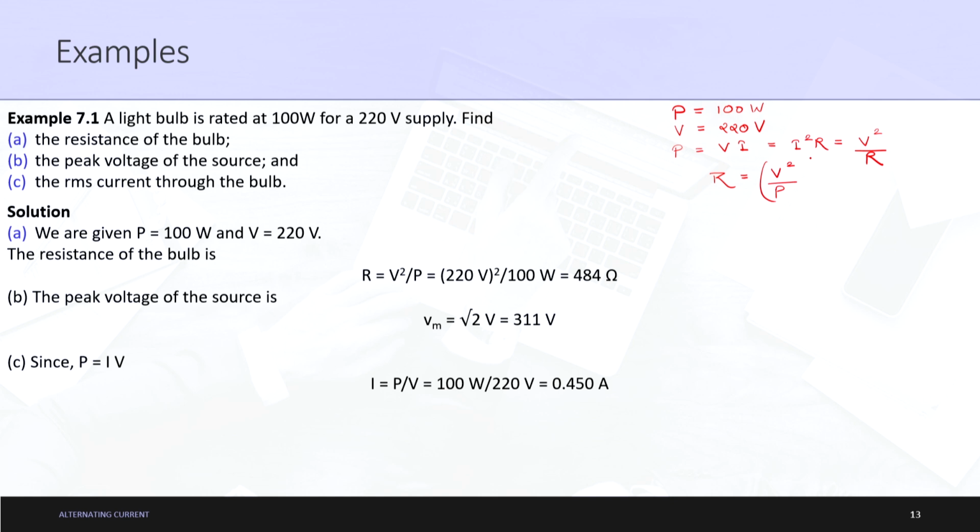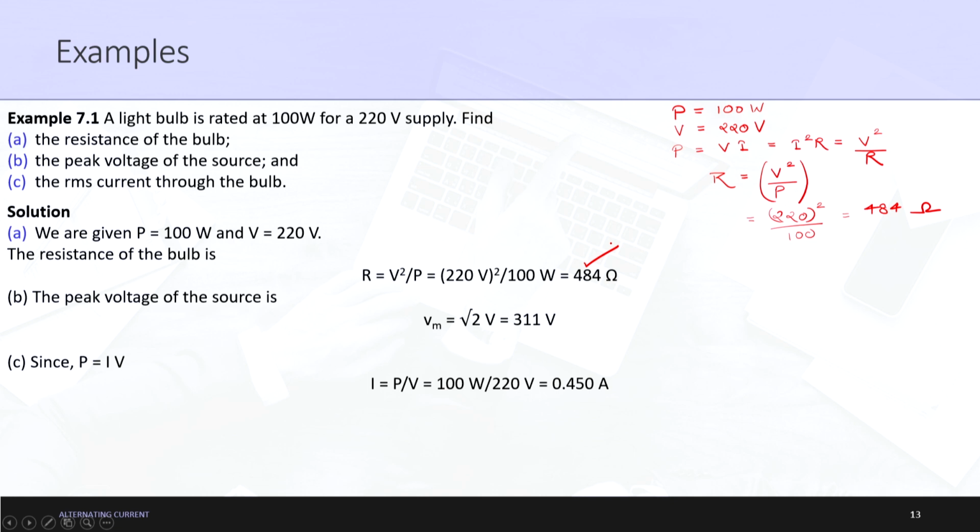As nothing is given regarding RMS or all that, we can directly implement this. So, just put in the value. It is 220 squared upon P, P is basically 100. So, you will finally obtain the value as 484 ohms. Okay. So, that is the first answer here.